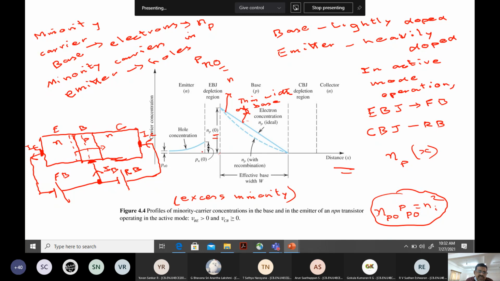This is the depletion width in the vicinity of the emitter. Now, this 0 here, x stands for where it is actually striking. So whatever concentration is there, there is no recombination or anything. This is devoid of any mobile charge carriers.